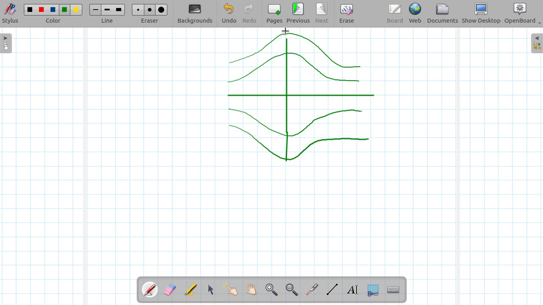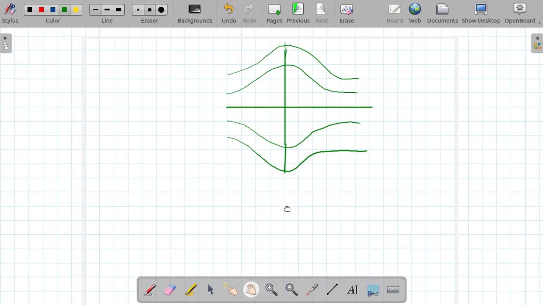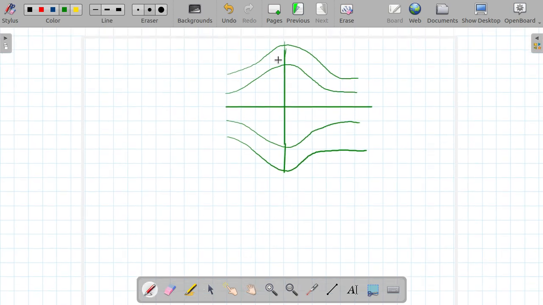Say in the middle, B naught is the magnetic field, at this point it is z naught, this is the z-axis, and at the ends it is Bm. That means these are the two different ends, and this is the middle.